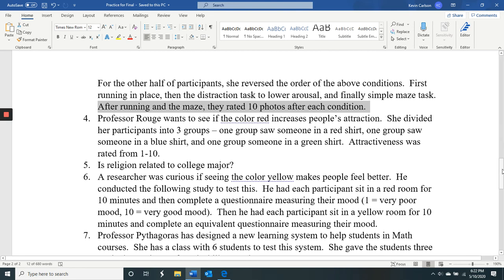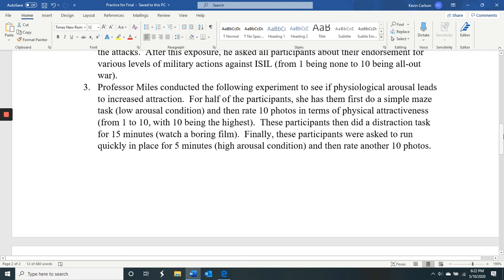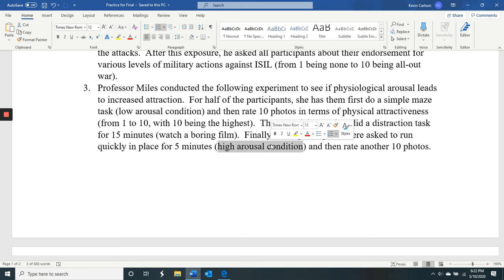So it looks like here we have two variables. We have an IV, low arousal versus high arousal. So remember, physiological arousal was one of the variables that was mentioned earlier. So in terms of physiological arousal, we have low arousal and high arousal. And so we have two levels of physiological arousal.